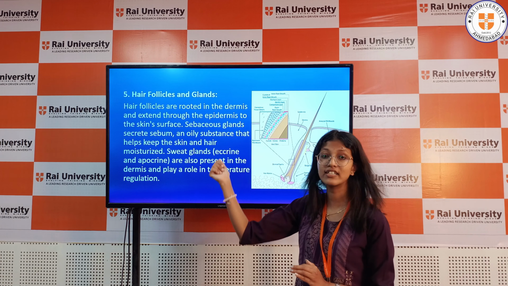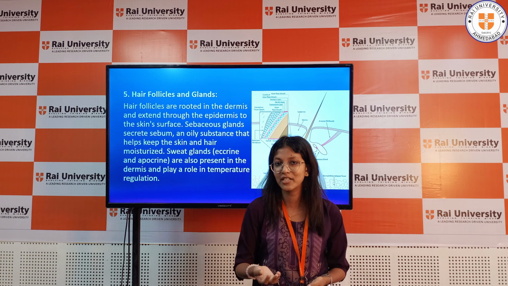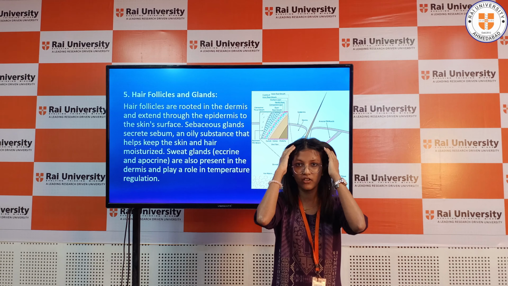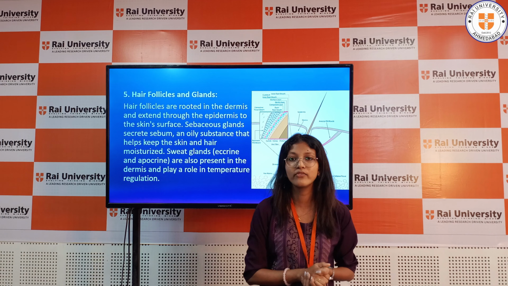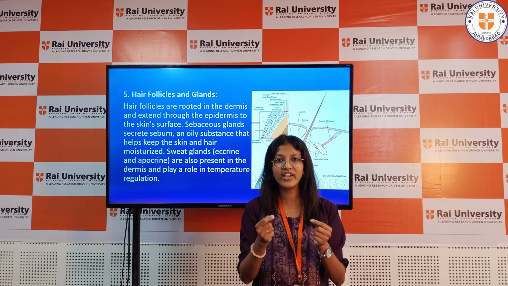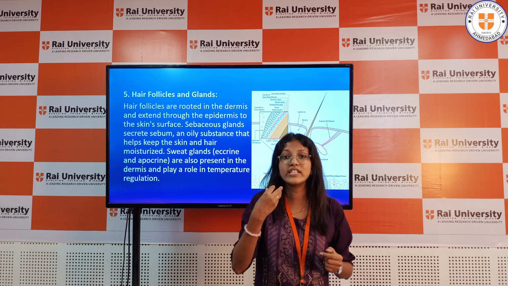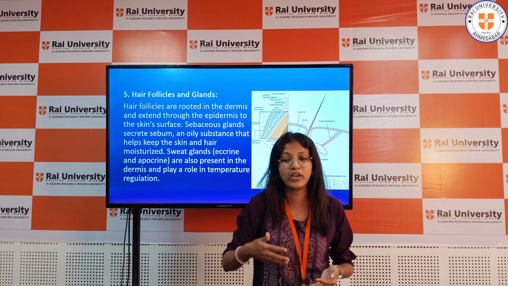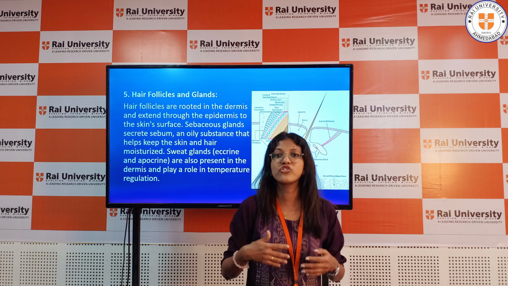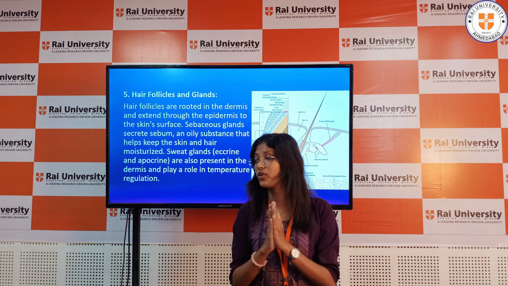And we have hair follicles, which give protection to us. For example, hair on the scalp gives protection to our scalp, and we have hairs in our nose too, which prevent the entry of microorganisms or dust particles. So it acts as protection for us.